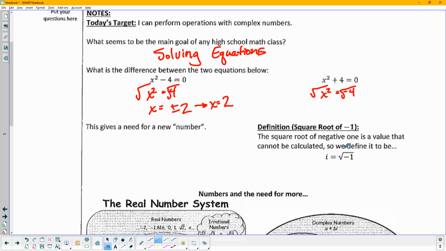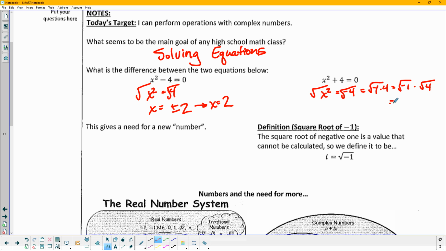The reason we use the square root of negative 1 as the number i is that this can be written as the square root of negative 1 times 4, which in the square root world means I can separate this out into the square root of negative 1 times the square root of 4.